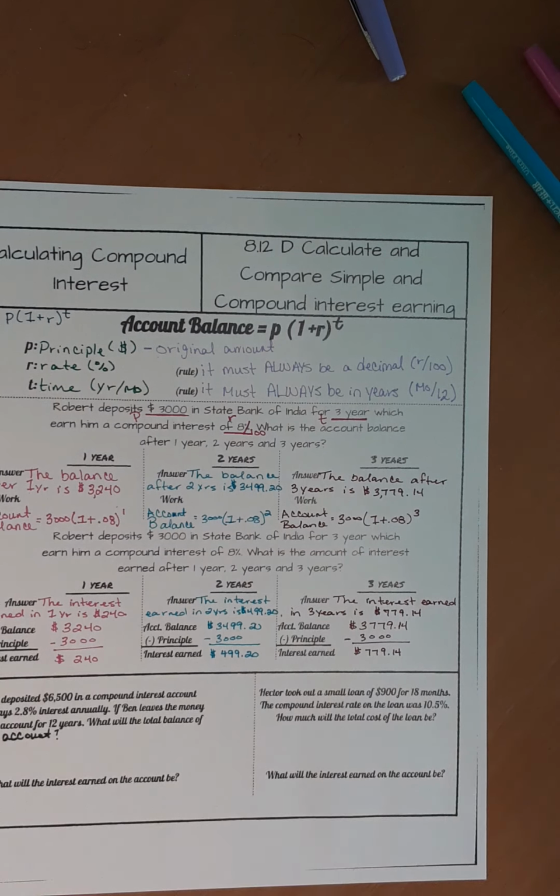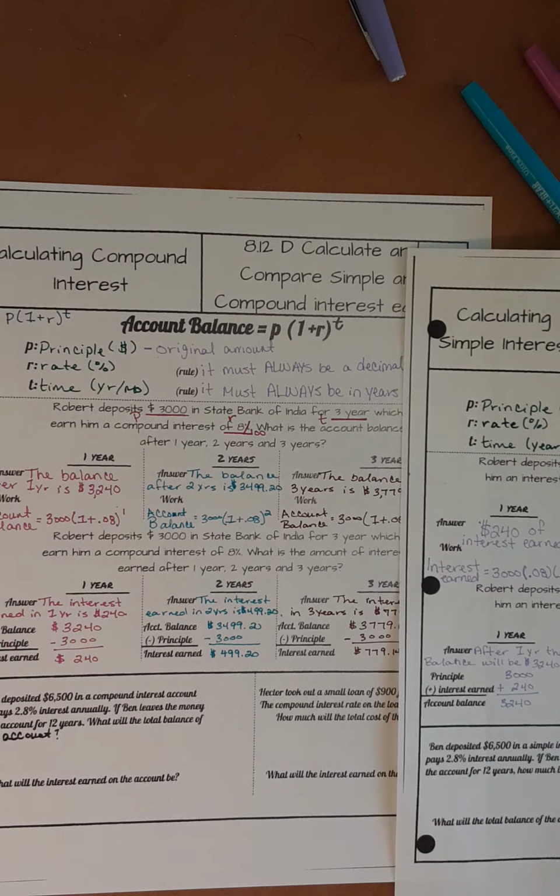Okay, the interest earned in 3 years is $779.14.